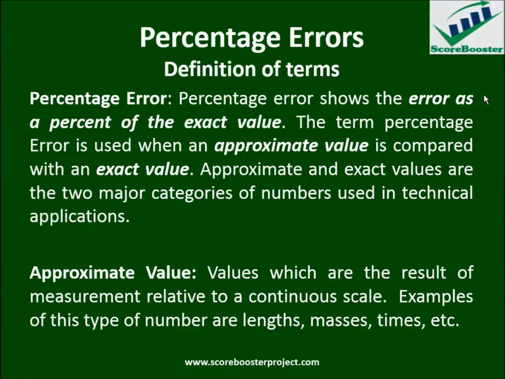So what are approximate values and exact values? Approximate values are values which are the results of measurement relative to a continuous scale. Examples of this type are lengths, masses, times, etc. So these are values which are results of measurement relative to a continuous scale, such as measuring length with a meter rule, masses with a weighing balance or analytical balance, and times with a stopwatch.